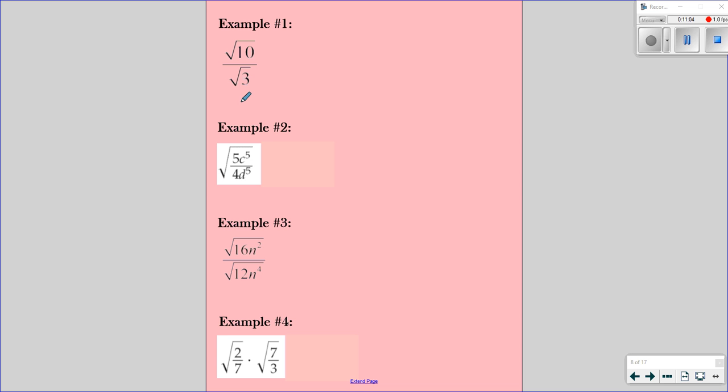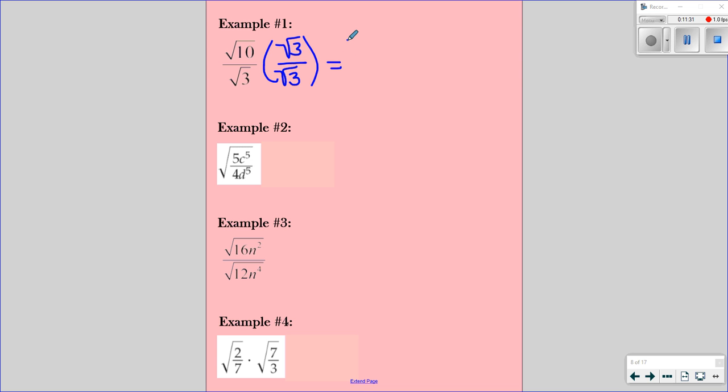This is almost the same thing, but we're going to multiply it by itself, because when you multiply a radical by the same radical, it cancels out the radical and gives you the whole number. So we're going to multiply by radical 3 over radical 3, because we need to get rid of that in the denominator.